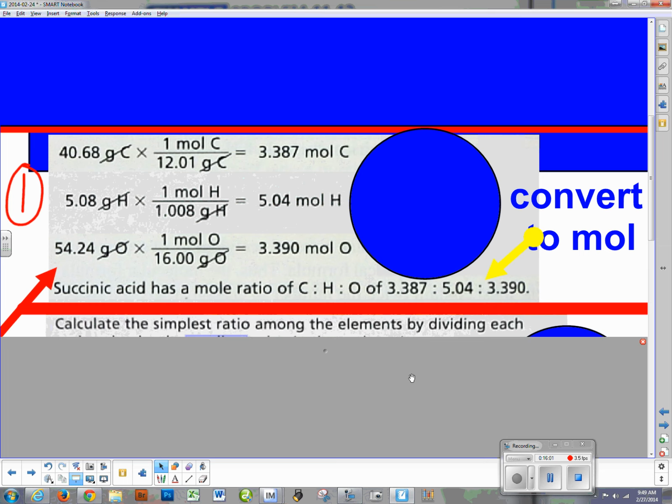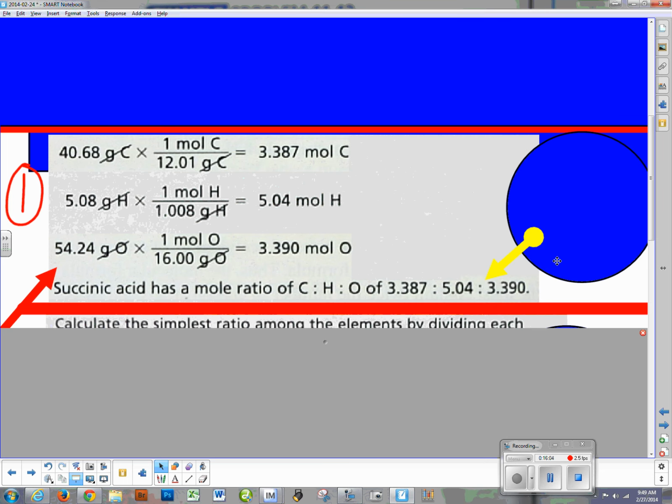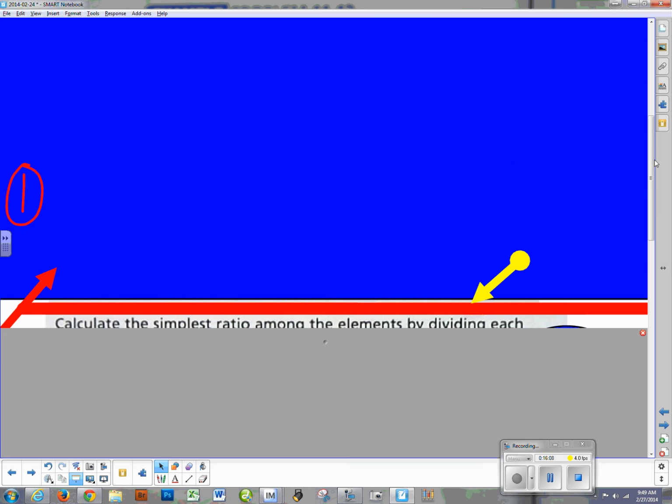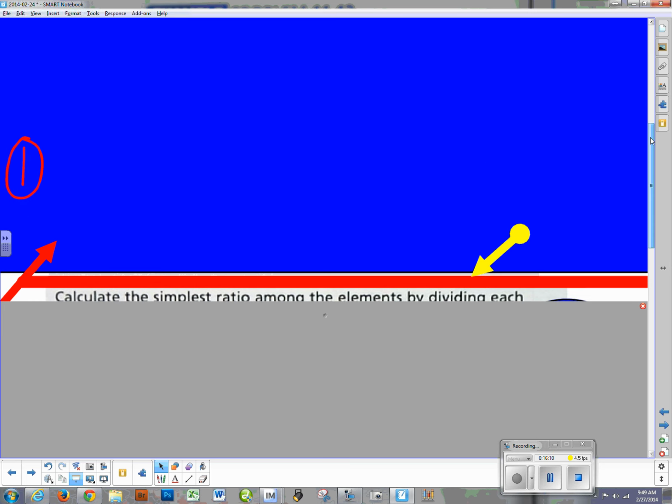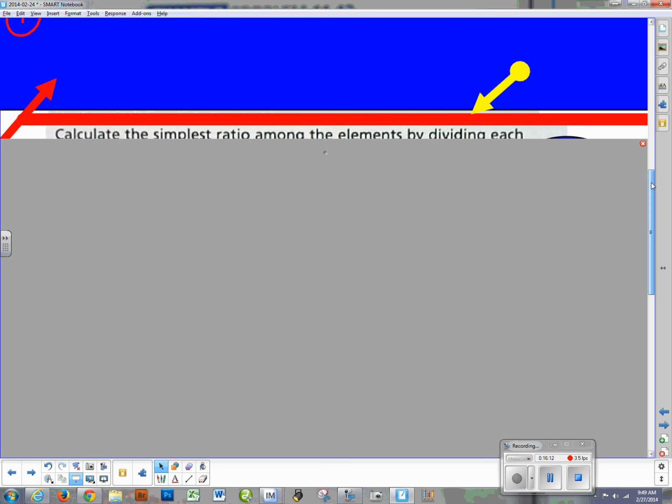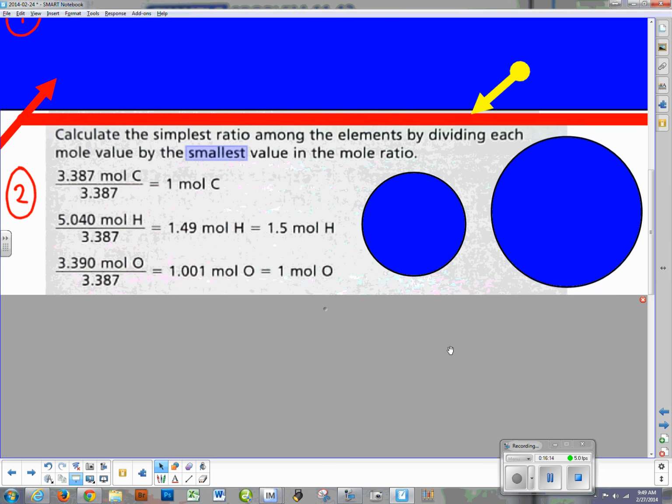Okay? So let's cover this up, and now let's focus on step number 2. Do you see what that does to your mind when I cover that up? It just lets you focus on the thing that you're doing right now.